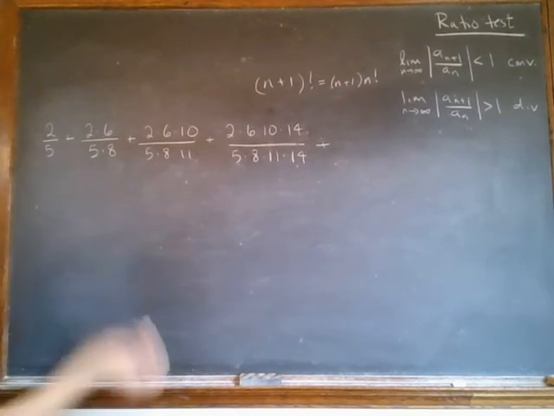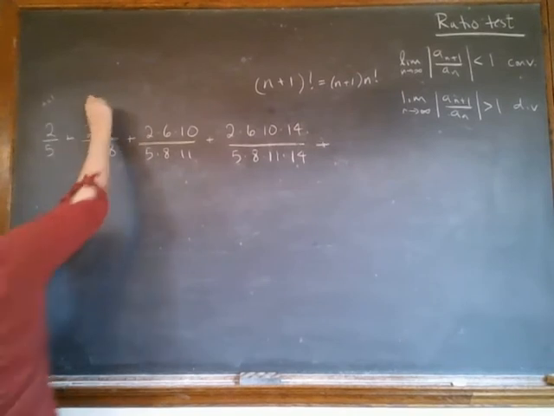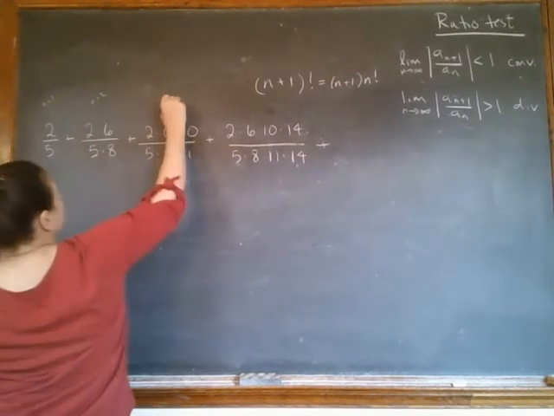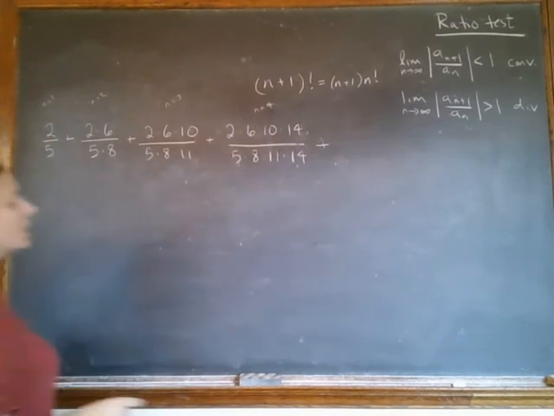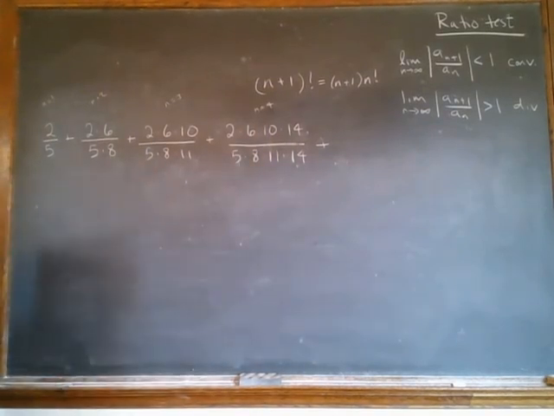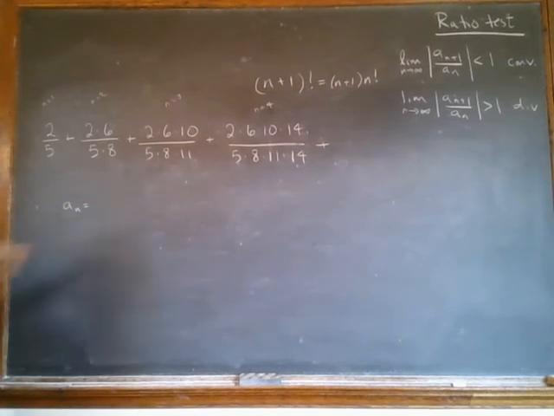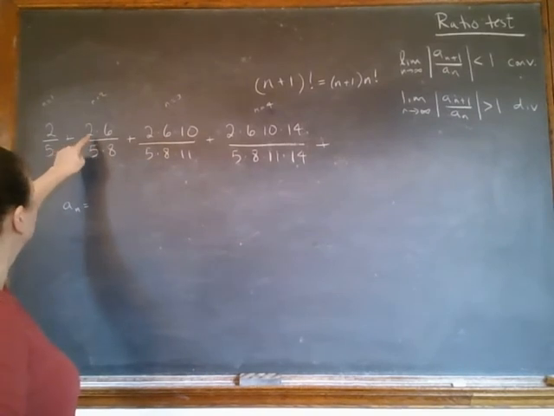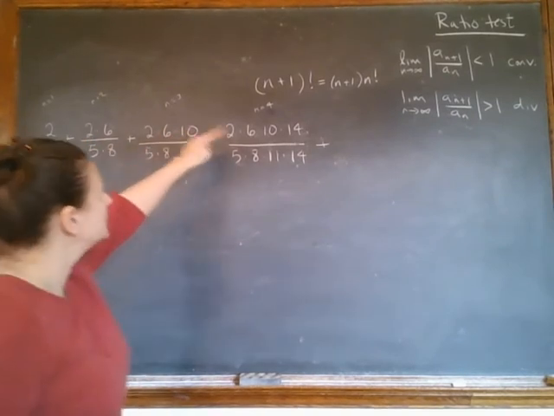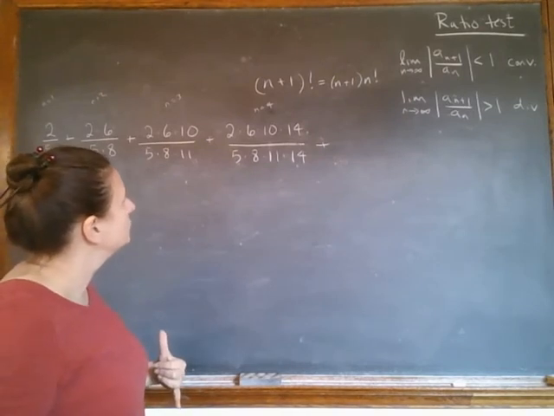If we think about this as n equals 1, n equals 2, n equals 3, and n equals 4, what I need is my nth term, right? So that's the first thing I have to figure out. These are all going up by 4 at the top, right? 2, 6, 10, 14.